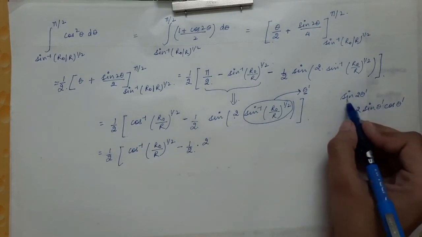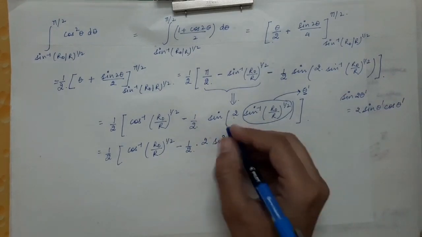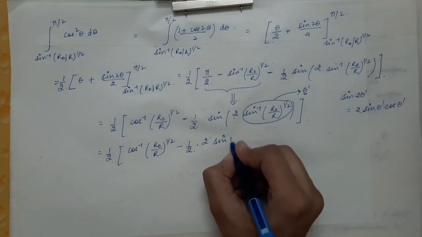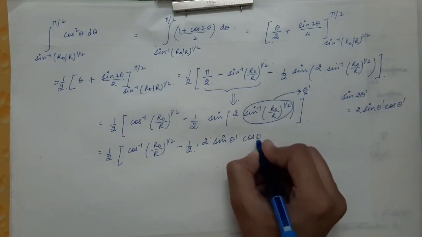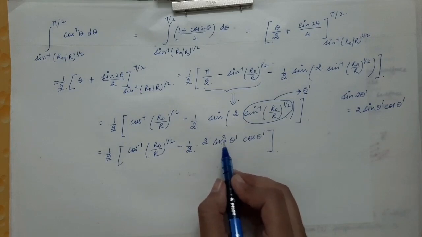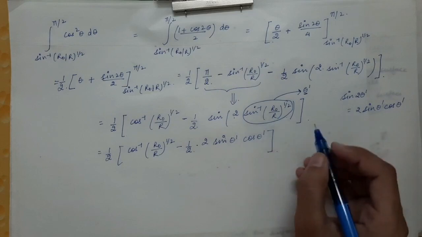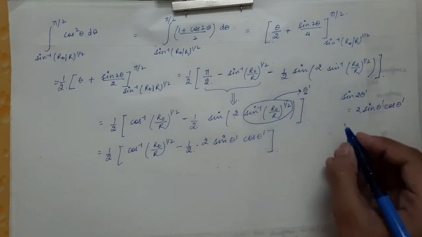You are using the identity of sine 2 theta prime, that will be 2 sine theta prime into cos theta prime. So here you will get sine theta prime. Now what is theta prime? It is equal to sine inverse of r naught divided by r power 1 by 2.